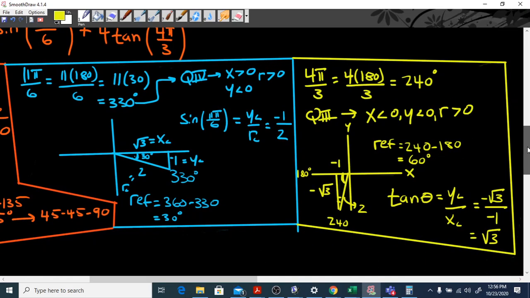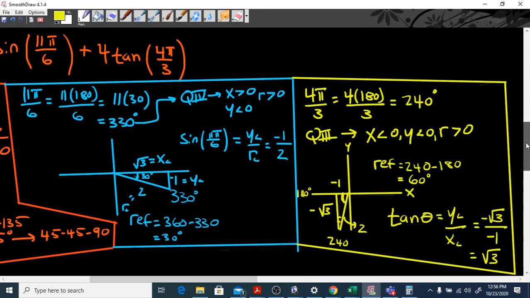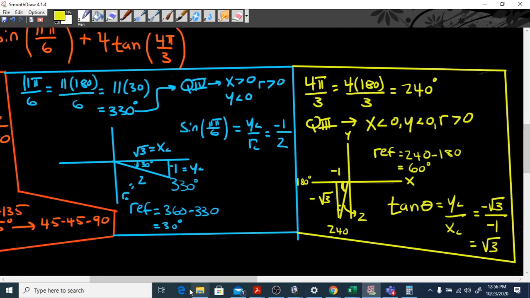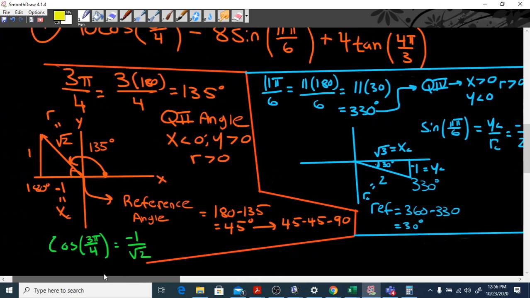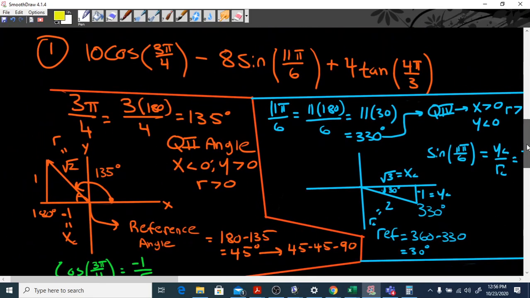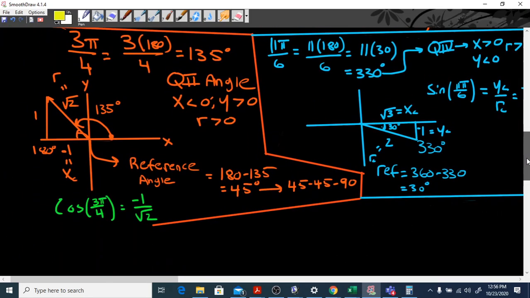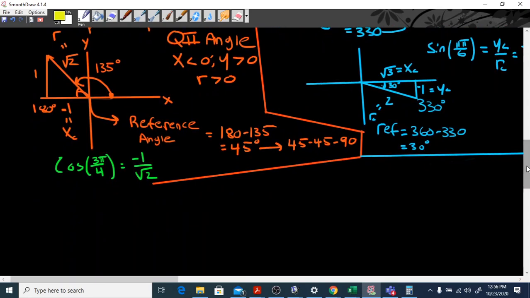So now let's put all this together. Okay. So we have 10 cosine 3 pi over 4. Well, that's just going to be 10 times negative 1 over square root 2, okay?